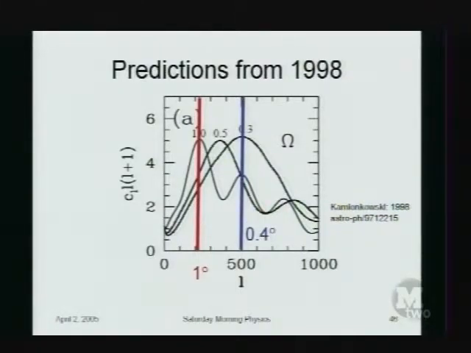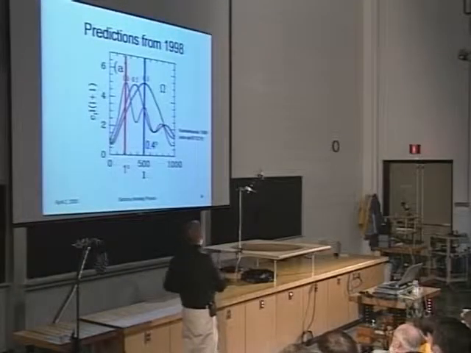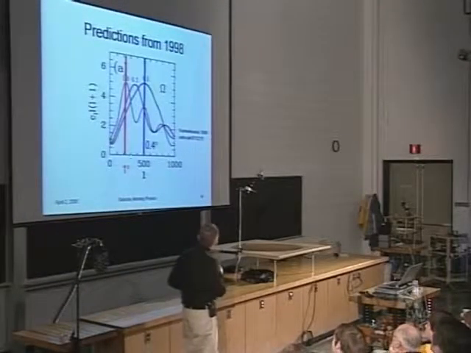This is displayed in a way which is technically different, so that small things are on that side, big things are on that side. So remember, if it's flat, we should see things about 1 degree in size. If it's not flat, we should see things that are bigger in scale like that, if the density is less than that.